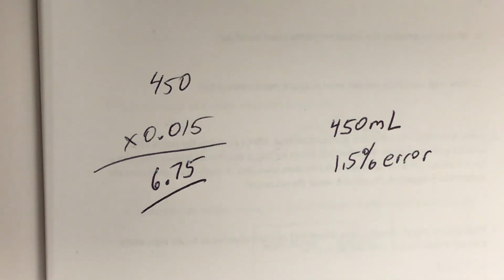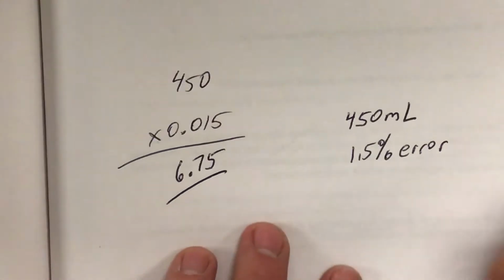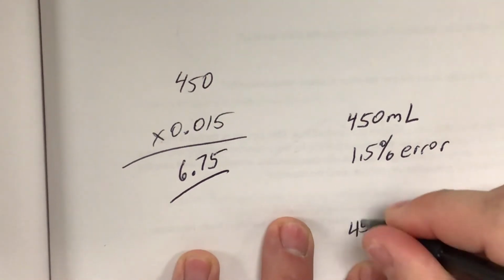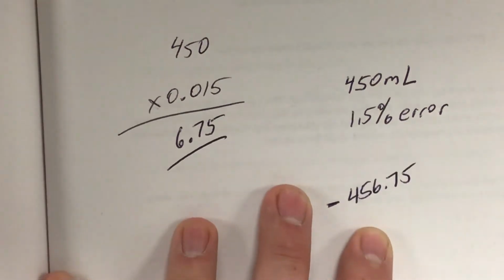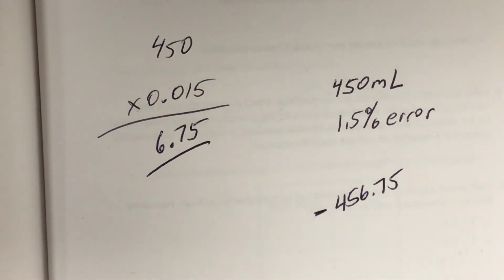All right, so what is the most amount of juice that could be in there to be accepted? 456.75. Add it to 450. What is the smallest amount of juice that could be in that bottle and be accepted?